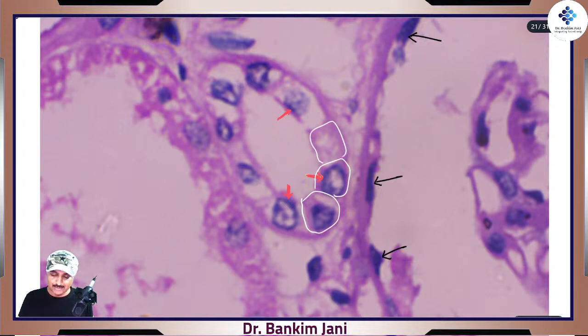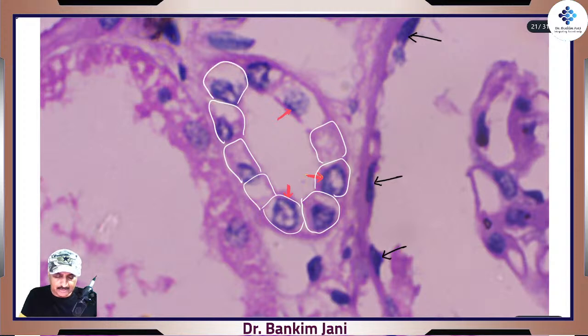Now in this cell, we say there is no nucleus. Unfortunately, sometimes the nuclei are not stained, or when you take a section, the section passes just above or just below the nucleus, so the nucleus does not come in between. So it happens.